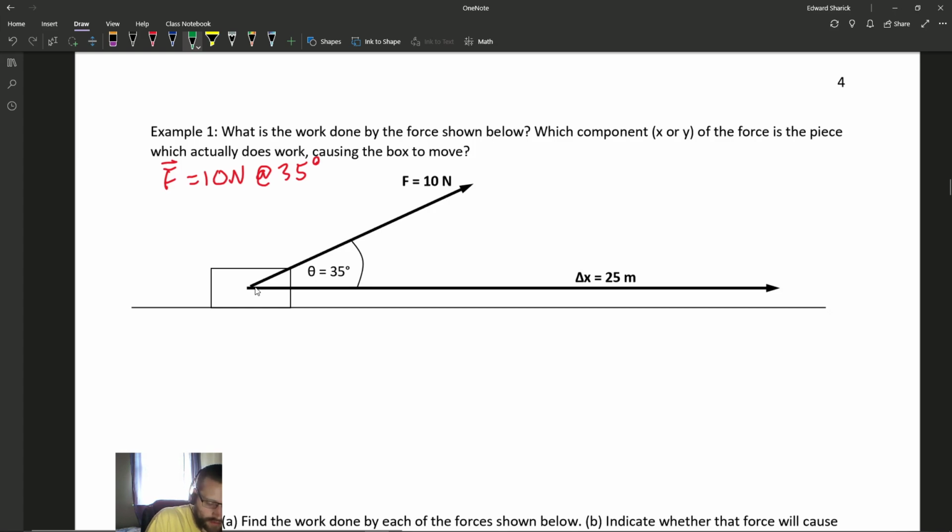So if we do our right triangle like we've done before, let me redraw that. Our x component will go right here, so this is our force x. And our y component will go right here.